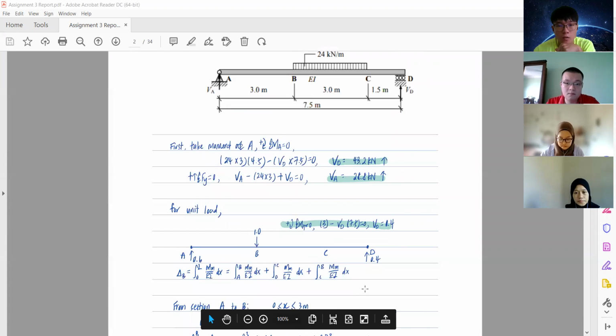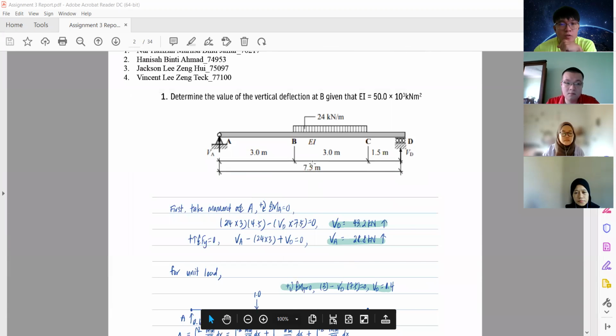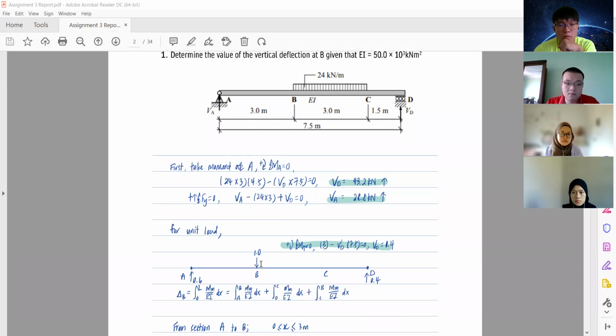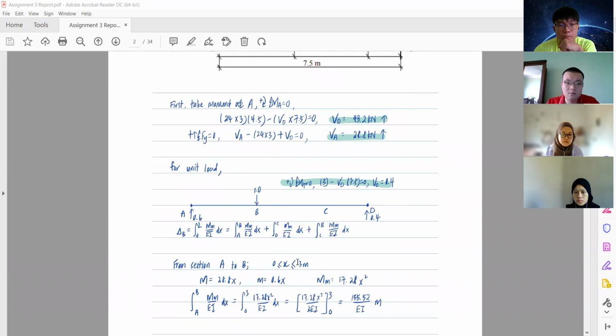For the unit load, since the question requires the vertical deflection at B, we will find the unit load at point B. Using the moment equation again, we get VD equal to 0.4, and summation Fy equal to 0 gives VA equal to 0.6 for the unit load.